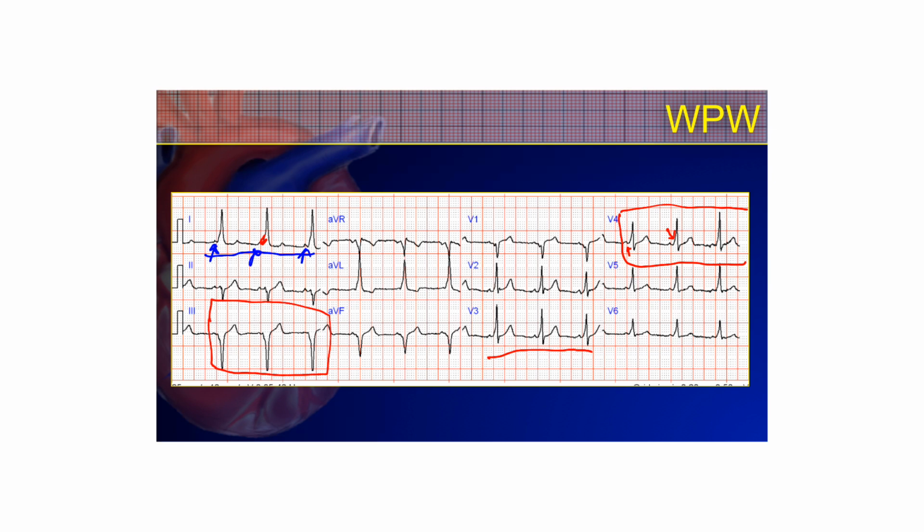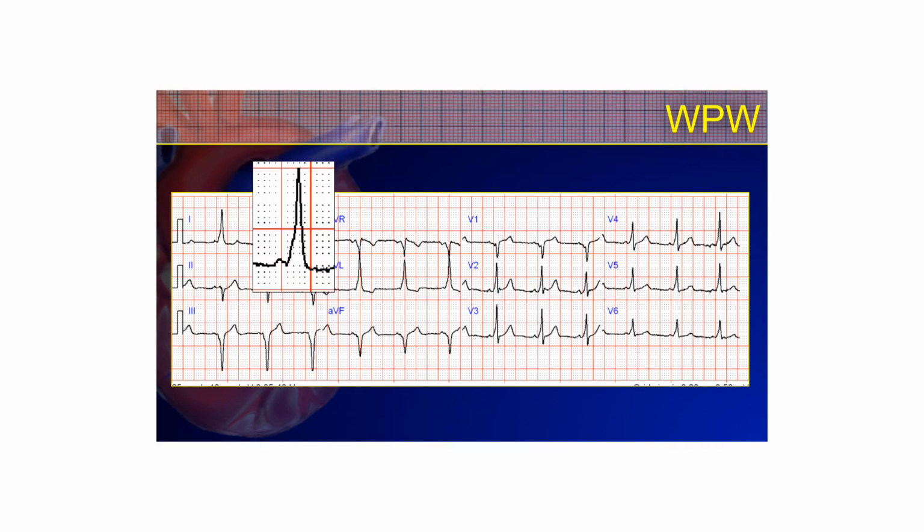You do have a little bit of a P wave there with a shortened PR interval, and that slurred upslope has become a slurred downslope here with a widened QRS complex. Here I've blown it up for you. So again, shortened PR interval, slurred upslope, widened QRS complex. Classic triad for pre-excitation of WPW.